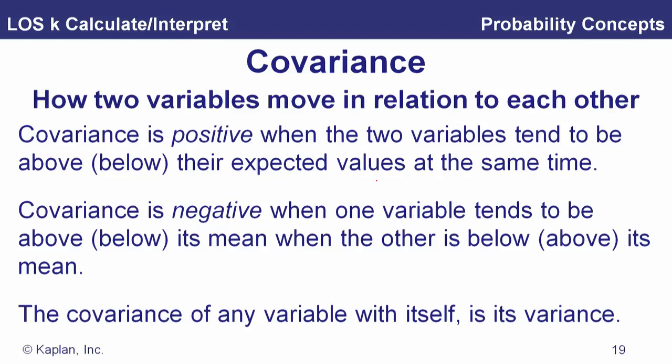If the two tend to move together, then we're either multiplying a value above the mean for one times the value above the mean for another, so 2 positives, or if they're both below their mean in the same time period or the same occurrence, then we've got a negative times a negative. So if they tend to move together, we've got positive covariance. If one tends to be up when the other one's down, we've got negative covariance.